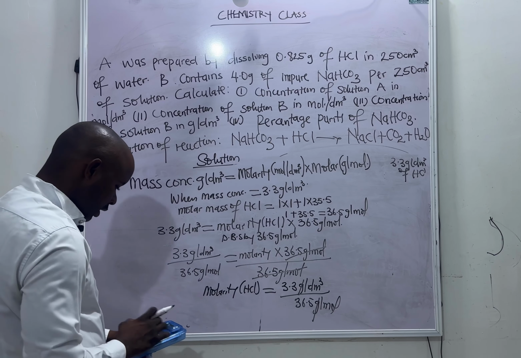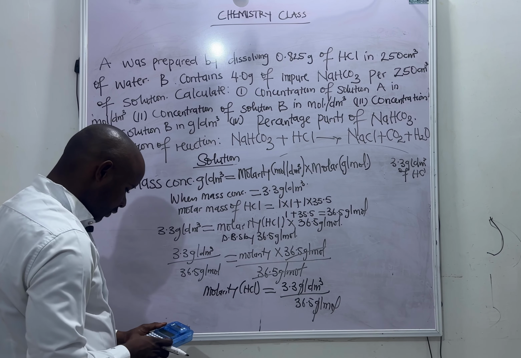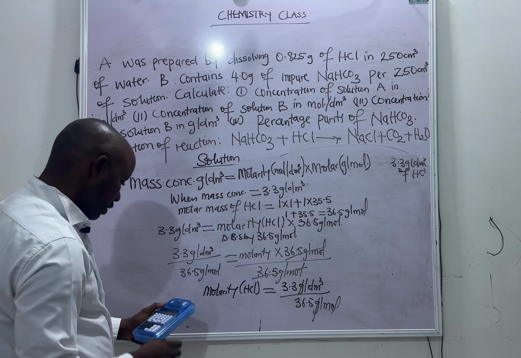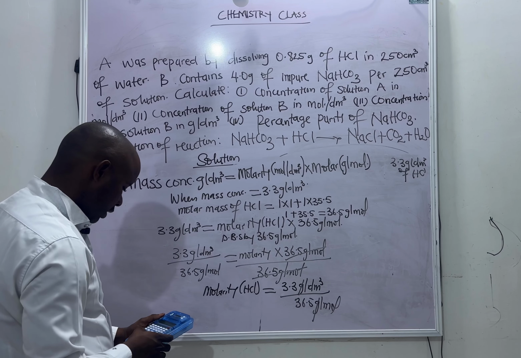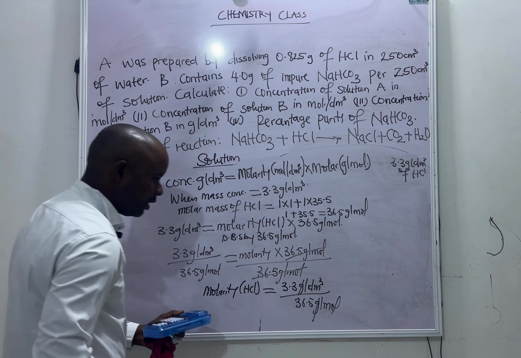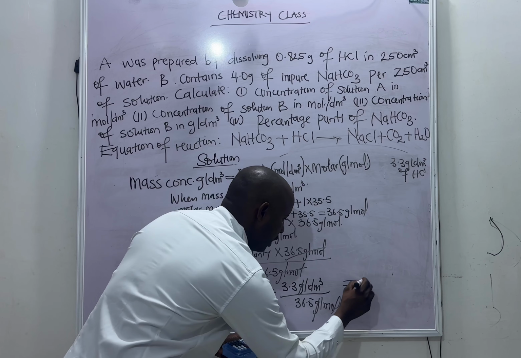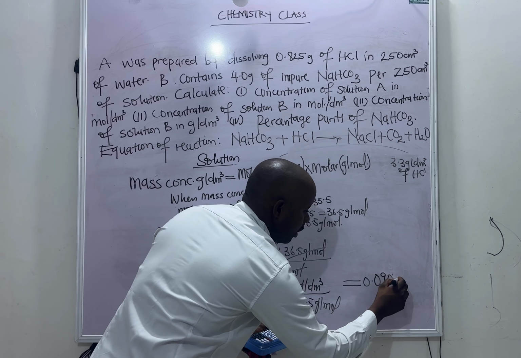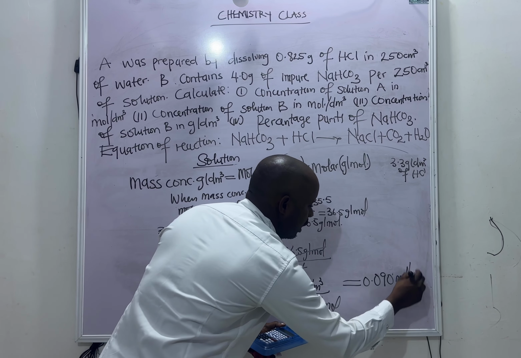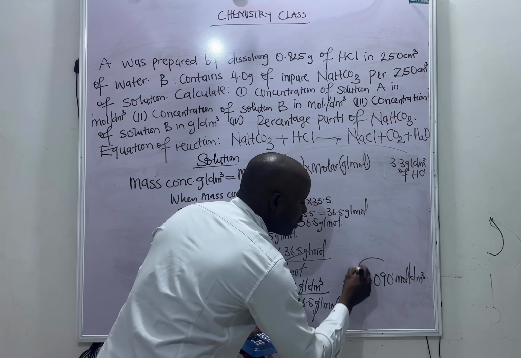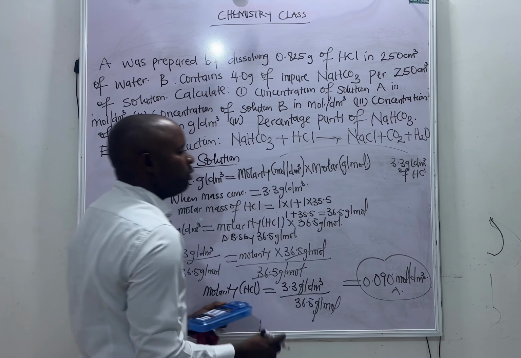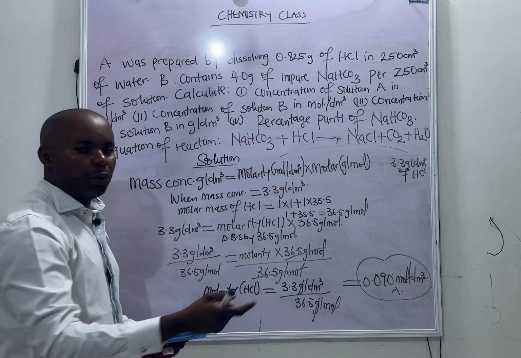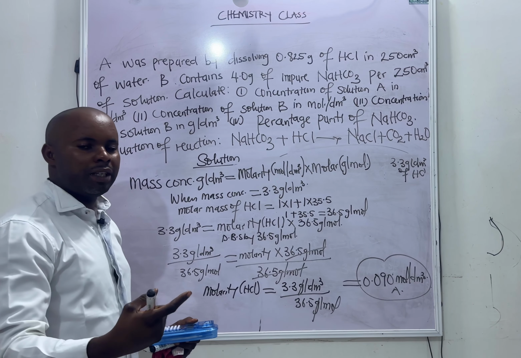By so doing, 3.3 divided by 36.5, here we said the concentration of A is giving us 0.09090 mole per dm cube. So this is the concentration of A, because we are able to convert the value that is given to us in centimeter cube to 1 dm cube for us to obtain the mass concentration of this A.